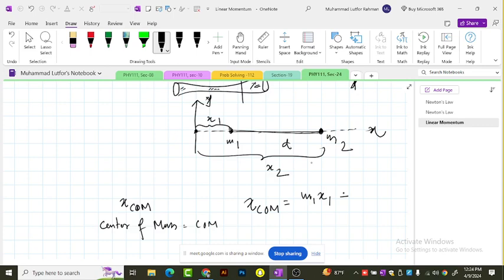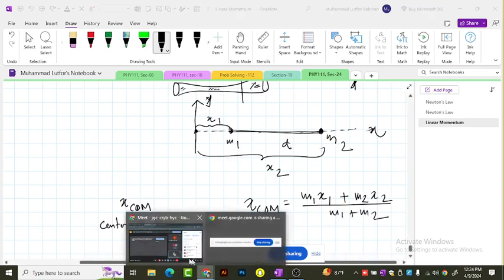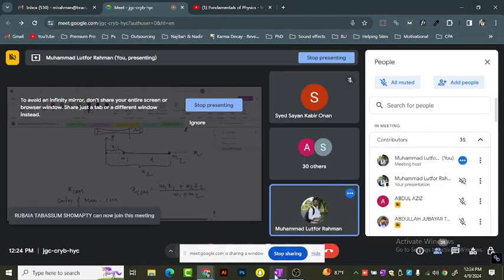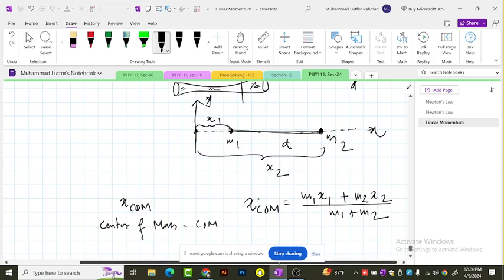Plus M2 times X2, divided by the total mass M1 plus M2. Do you understand? This would be the formula.